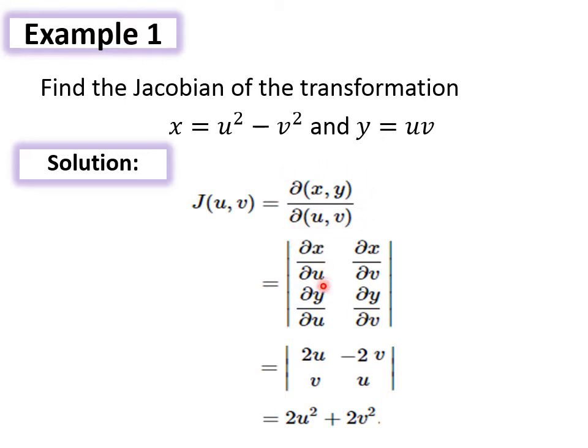Change in x because of u is 2u. Change in x because of v is minus 2v. Change in y because of u is v. Change in y because of v is u. If you expand the determinant, you will get the scaling factor as 2u square plus 2v square.